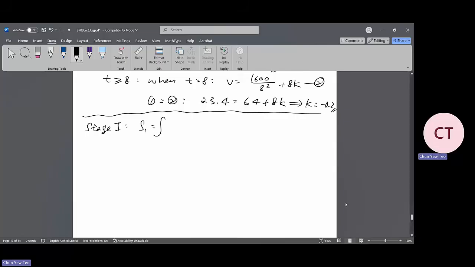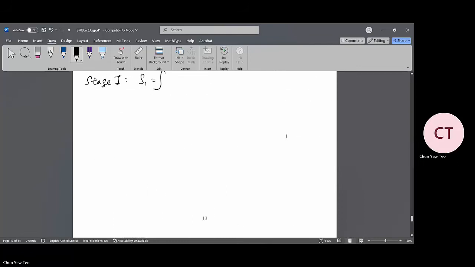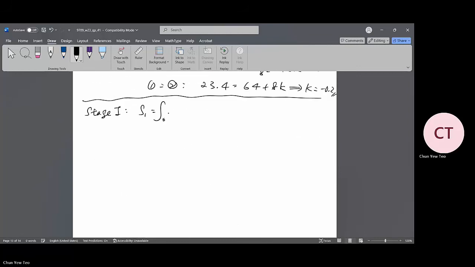Distance S1 is you integrate 7.2 t squared, from 0 to 2, 7.2 t squared dt. This one is easy. Integrate, you get 7.2 t cubed over 3, from 0 to 2. Directly, you will get 2.4 times 2 cubed minus 0, and you get 19.2.